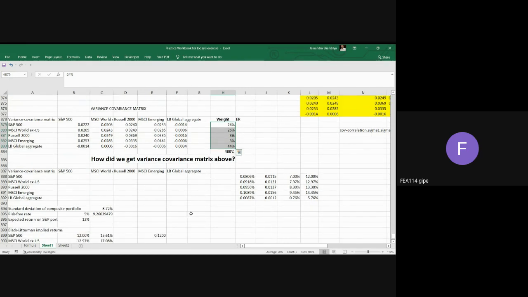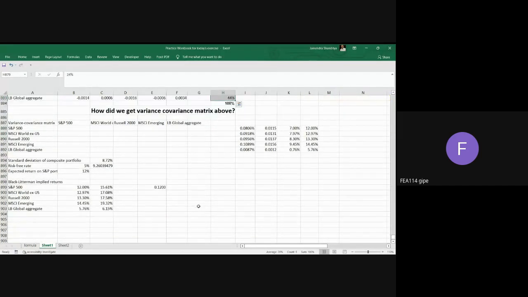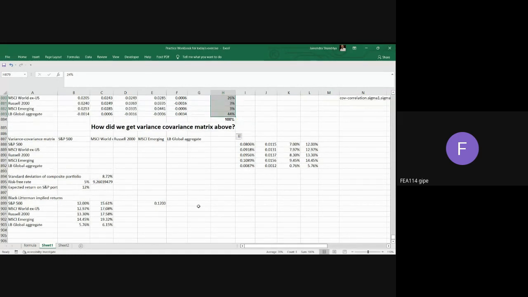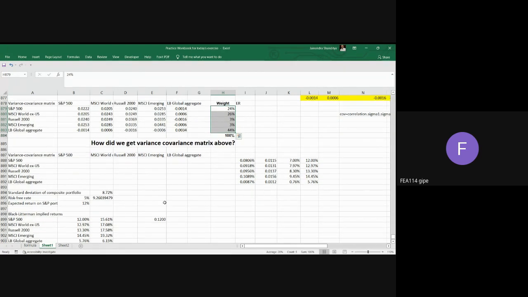want to know, by doing it this way, what is the return of this international benchmark? What is the implied return of the international benchmark? Because you are only given the weight, you are not given the benchmark return. You are given the weight and the variance covariance matrix. So here we make some assumptions.